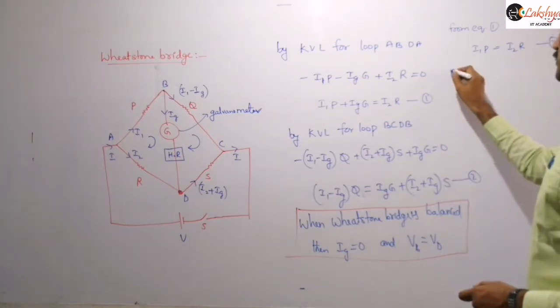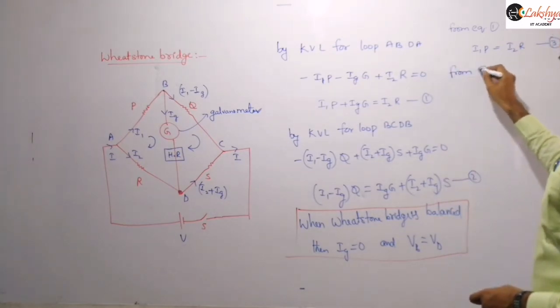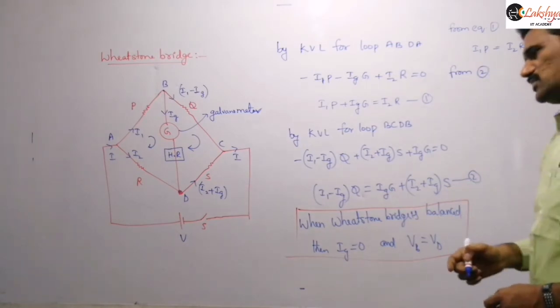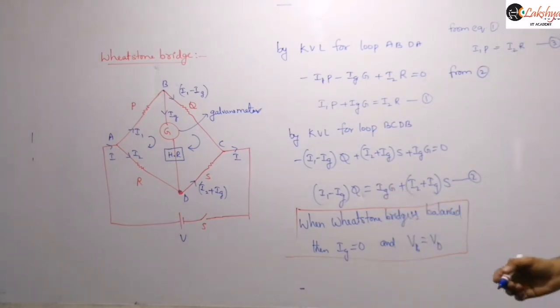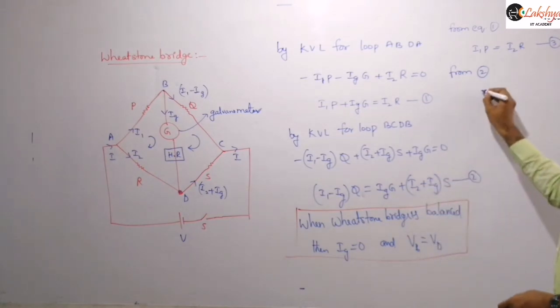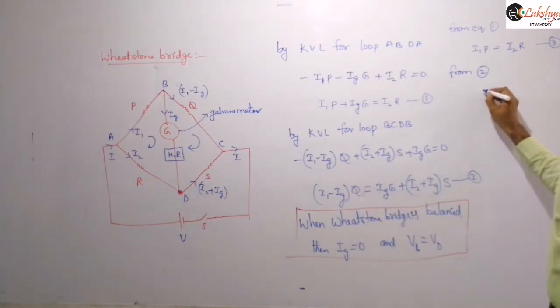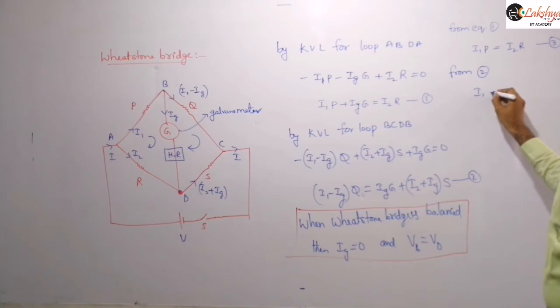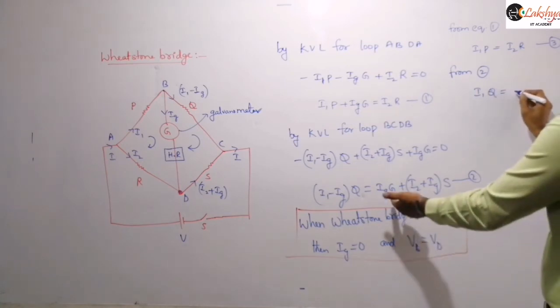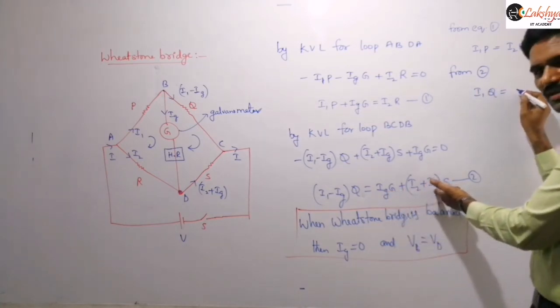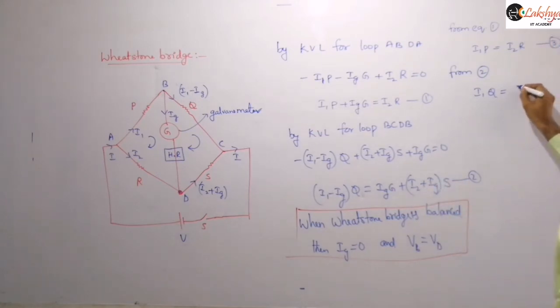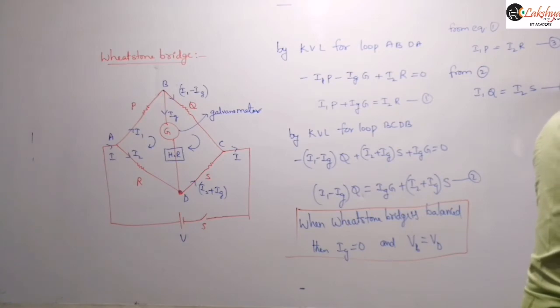Now similarly from equation 2, let us again substitute Ig is equal to 0. Then you will get I1 into Q is equal to, this term is also 0, and here also the Ig value is 0, then I2 into S you will get. So this is equation 4.